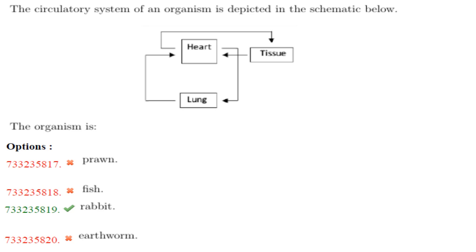So here you can see in the figure the blood passing through the heart twice. Blood is pumped from the heart to the lungs, and from the lungs it returns to the heart before being distributed to other organs or tissues of the body. Double circulation occurs in mammals, reptiles and birds. So rabbit is the answer. It is a mammal.